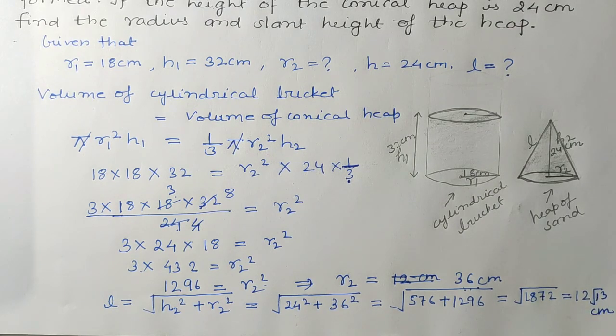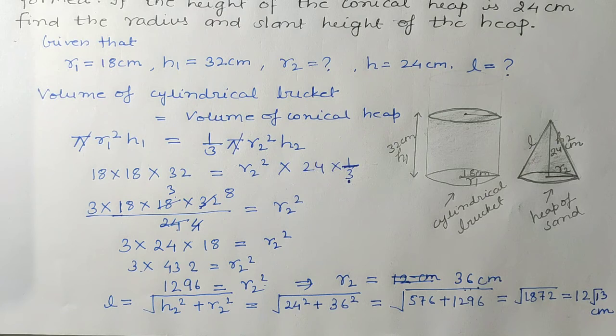Okay students, 12 under root 13 centimeter. When we factorize 1872, we will see that the value of this 1872 can be written in the form of 12 into under root 13. Okay students, so this was the solution of this question.